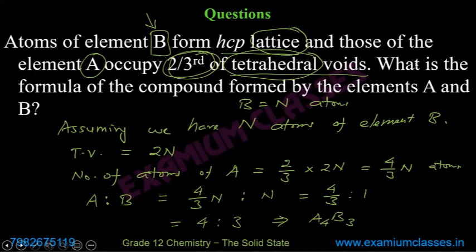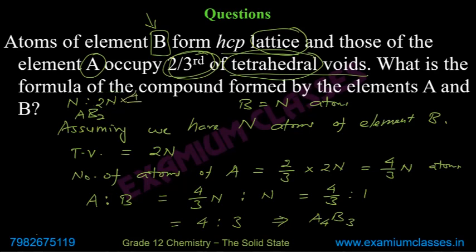Yes, Shashwat, Dev, Shivangi, correct. Understand all the points we talked about. In reality, the question could have been that we have n lattice points and all other A are in tetrahedral void. Then it would have been n is to 2n, that is AB2. But not all tetrahedral voids are occupied.